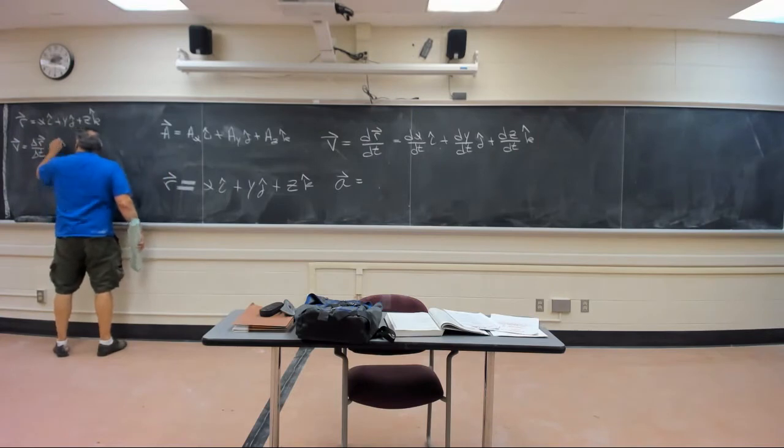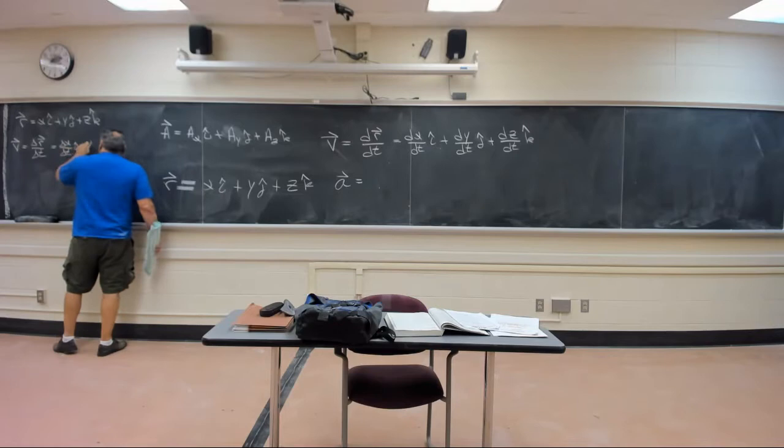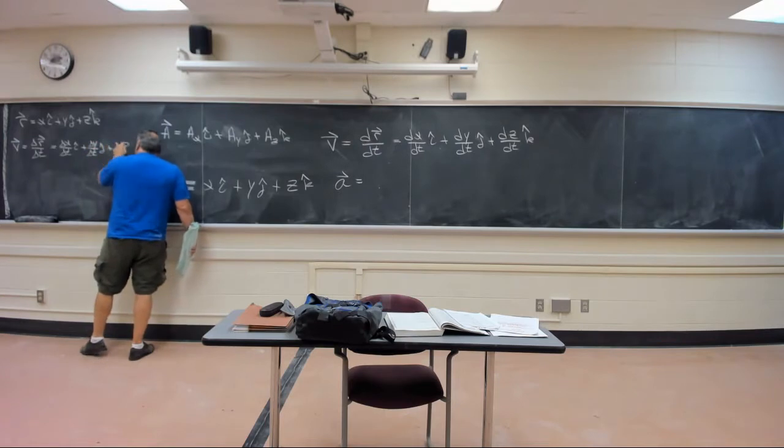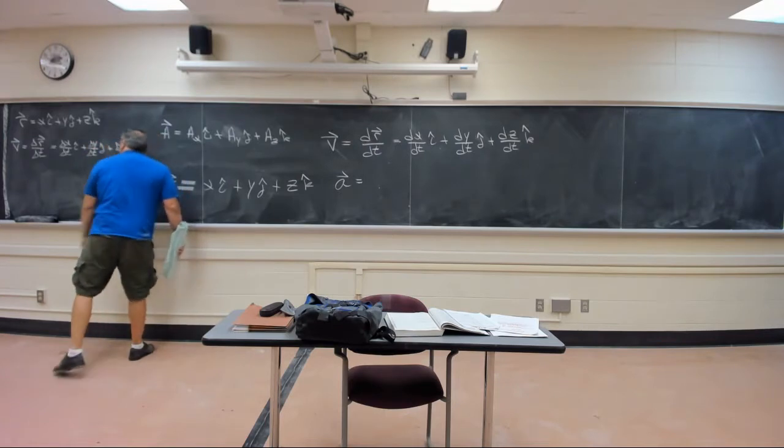And that would be delta x over delta t i hat, delta y over delta t j hat, delta z over delta t k hat.